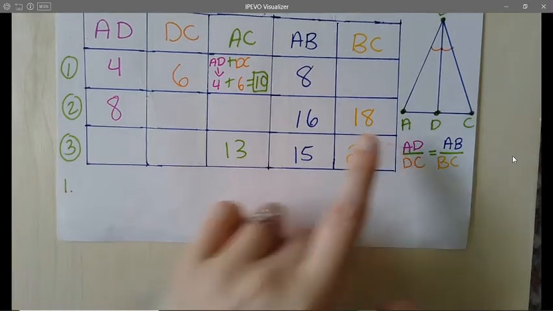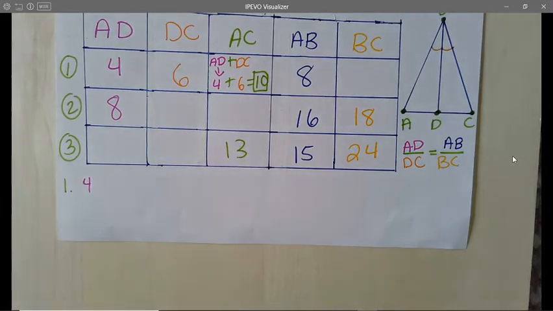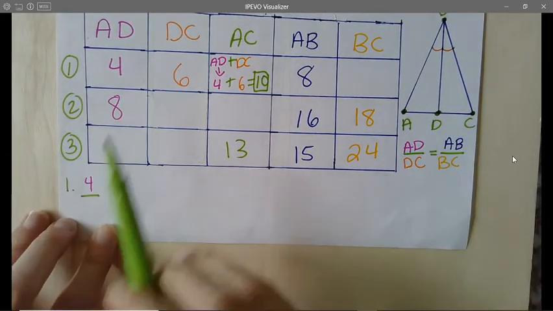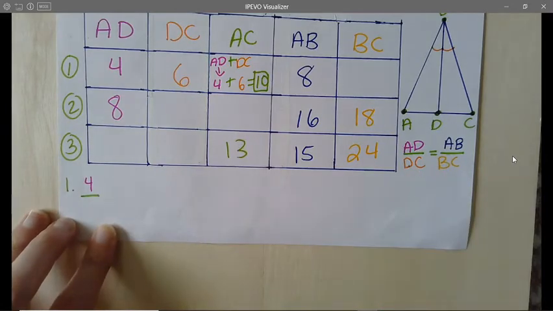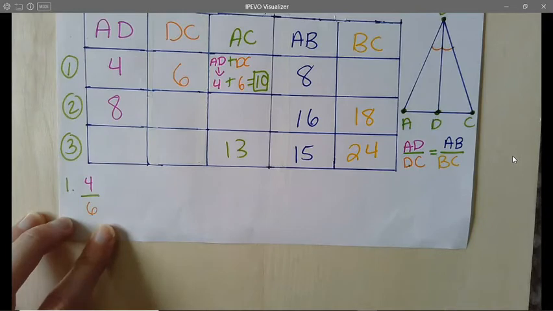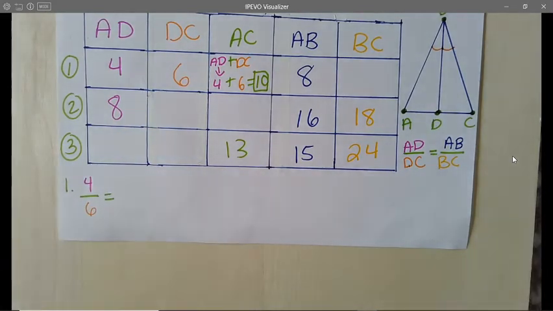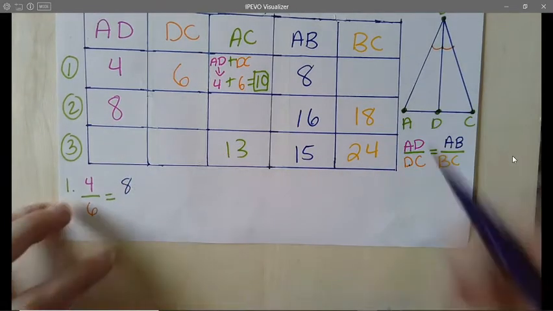So AD is 4 over DC, which is 6, and that will equal AB, which is 8, over BC, which I don't know.